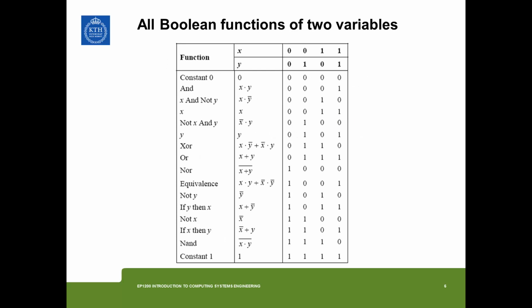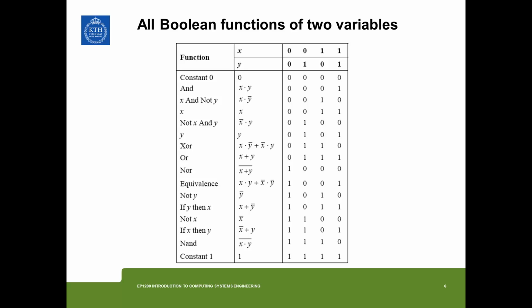It's possible to list all Boolean functions of 2 variables. With input variables x and y, we get 16 different combinations. And you can see here that these are enumerated from 0000 to 0001, and then binary counting up until we get 1111, which is the 16th variant of output that you can get from these different input values.